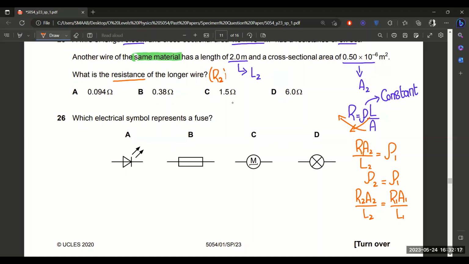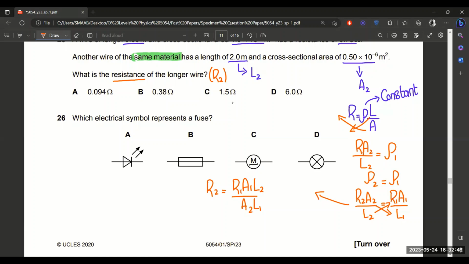So R2 will be equal to R1 A1, and L2 will be multiplied on the right hand side and A2 will be divided on the right hand side. These are the factors which we need to multiply and divide.